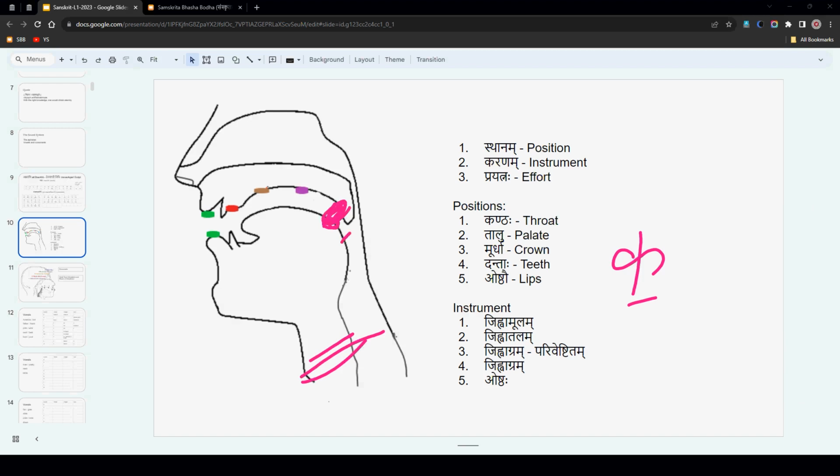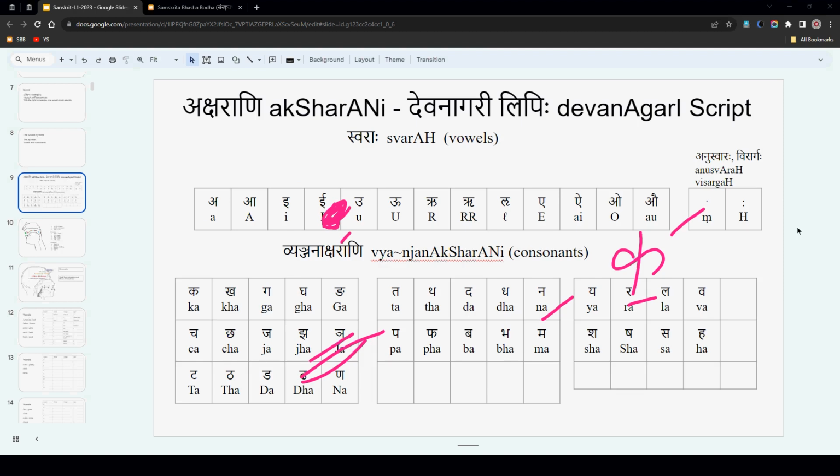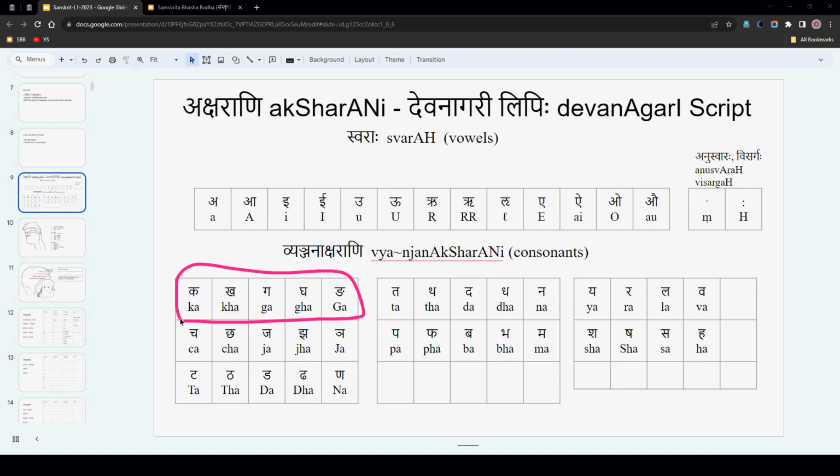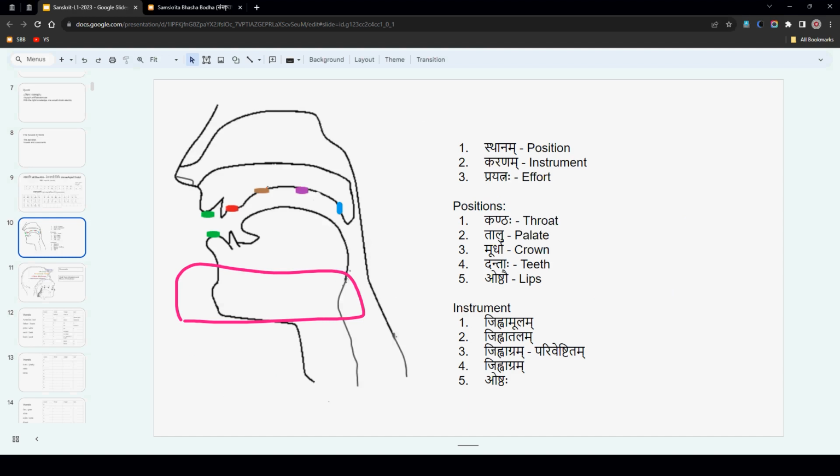It is blocking the deepest part, near the moola or starting point of the jaw. That is blocked by the jihva moola, the starting part of the tongue. When it is blocked, ka, kha, ga, gha, nga are produced. These first line, ka, kha, ga, gha, nga, are produced with that touching of the back part of the tongue to the back part of the throat.